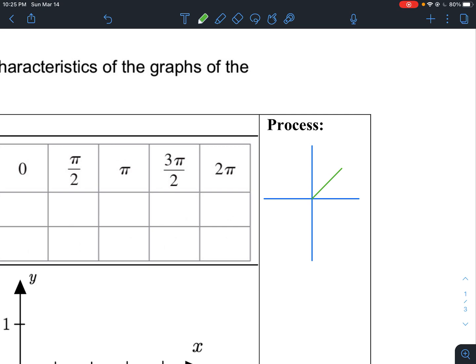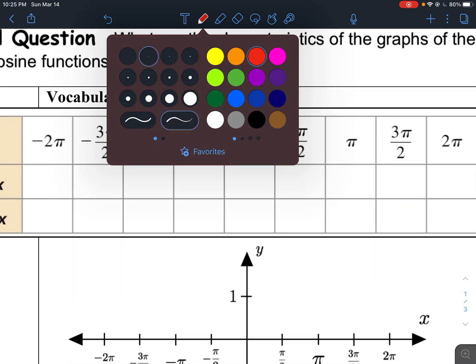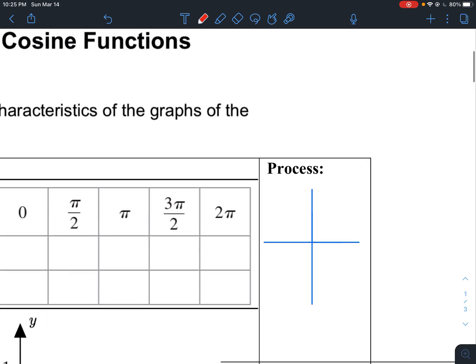So this green line will be my terminal side. And just as a reminder, this right here is 0 or 2 pi. If my line stays here, it's at 0, but if I rotate all the way around, that is 2 pi. Up here is pi over 2, and if I come over here, this is rotated pi, and if I come down here, this is rotated 3 pi over 2.